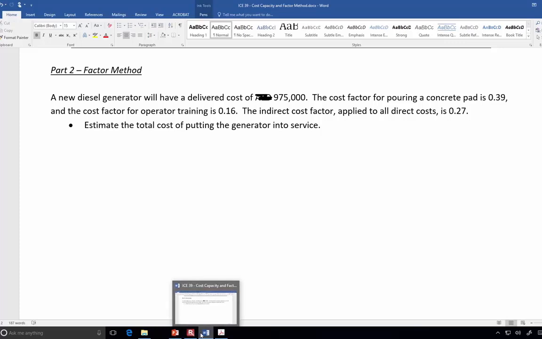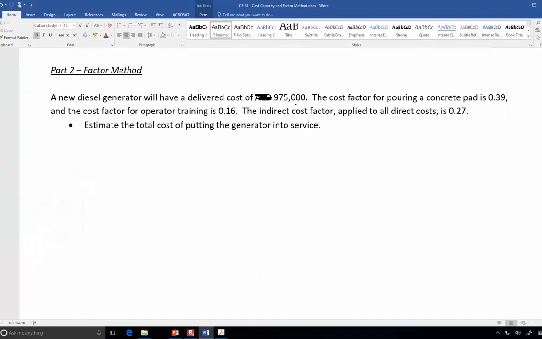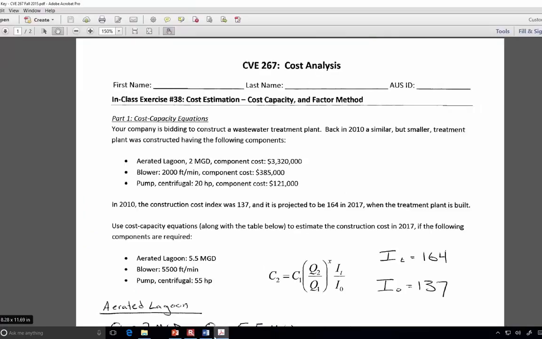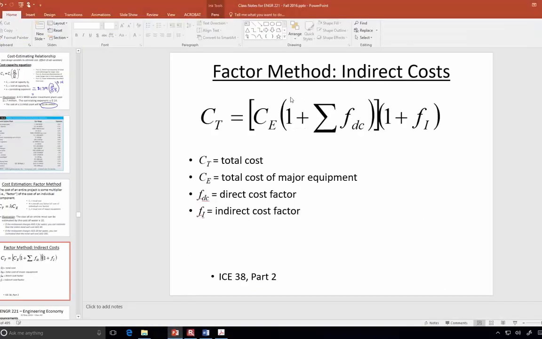So if we go back to this formula from the previous slide, you're having to add together all of the cost factors, and 2 of the cost factors that will be incorporated into that are 0.39 and 0.16. You'll add it in the parentheses and multiply it by the cost of the major equipment.